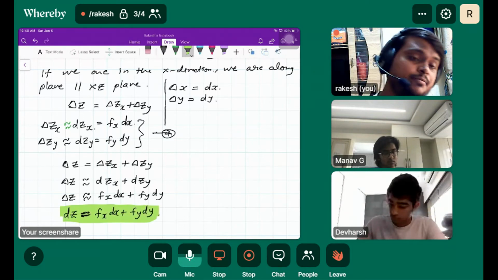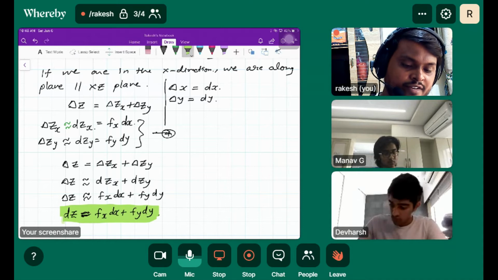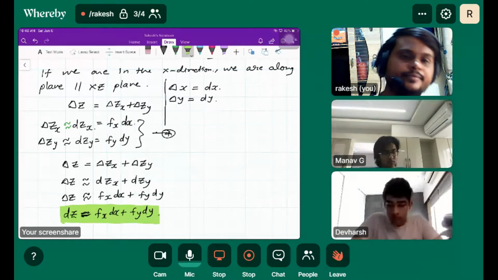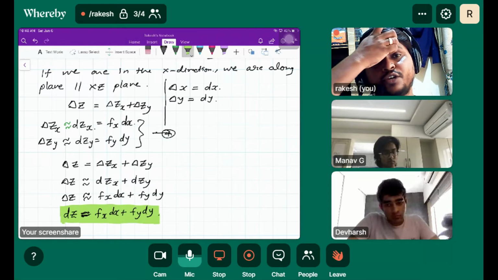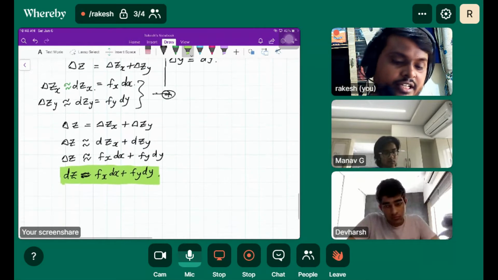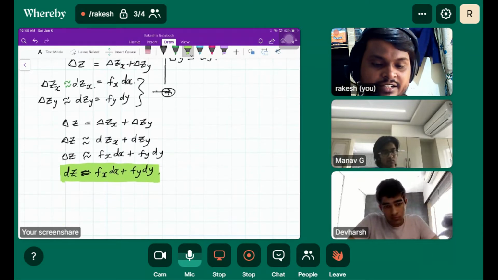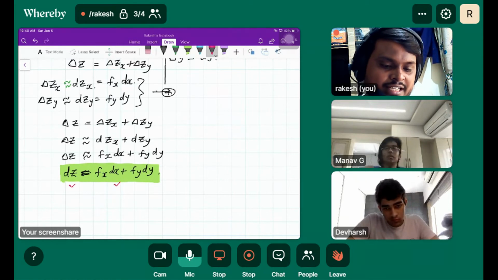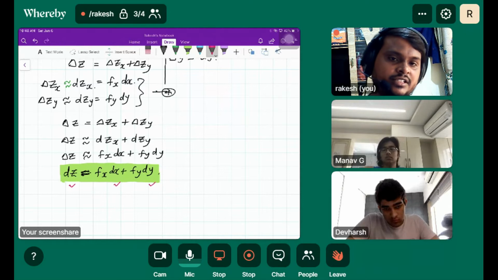Why is this important, why we need to find this? Because dz is dependent on dx and dy both, right?